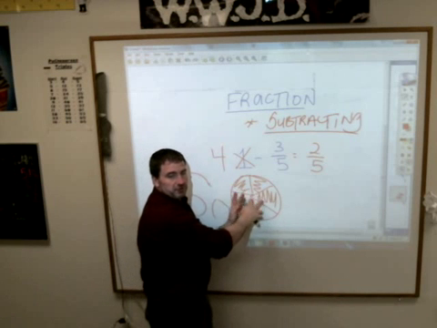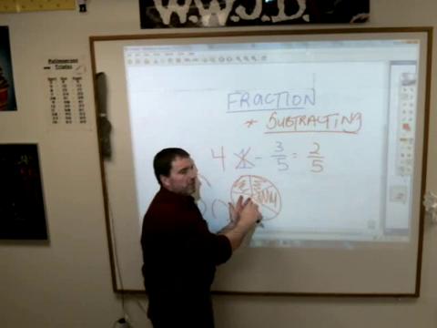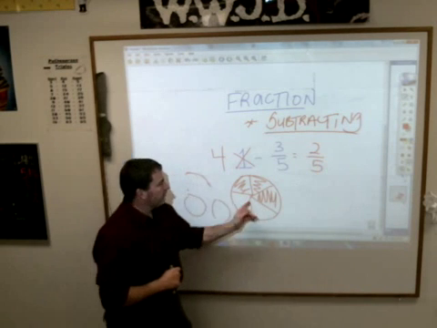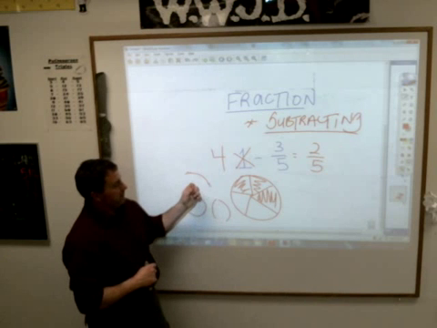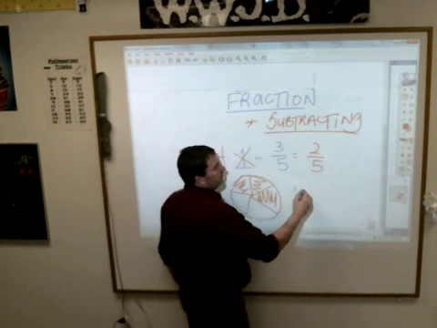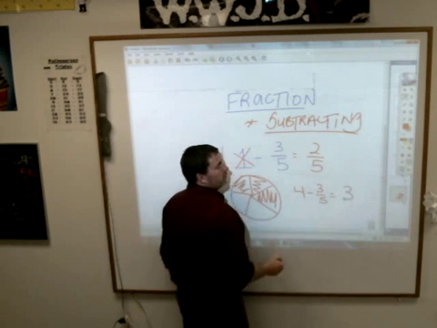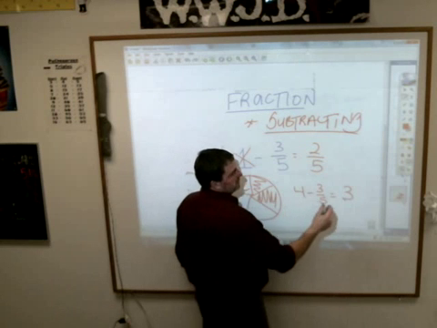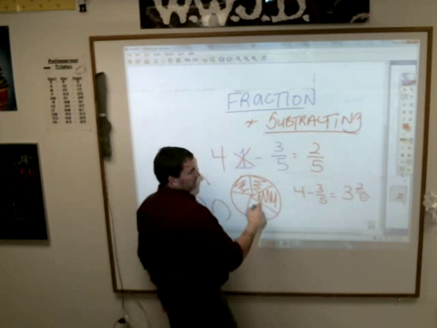One of the whole numbers gets used because you have to take some of the pieces away from it. What do I have in addition to the 2/5 of the pieces left? I still have how many circles left? 1, 2, 3 of them. So if I take 4 minus 3/5, I'm left with 3 whole things plus 2/5 of that last one that was left when you took those 3 away from it.